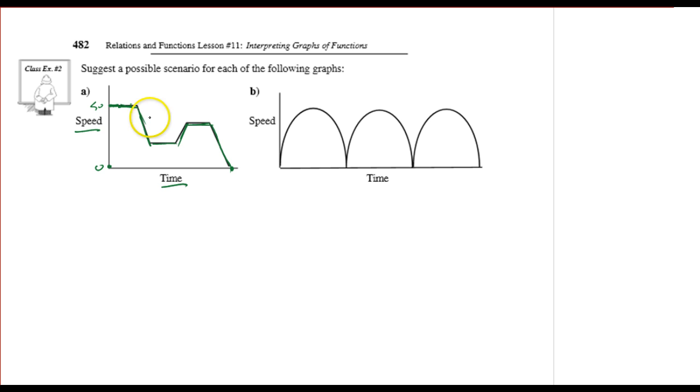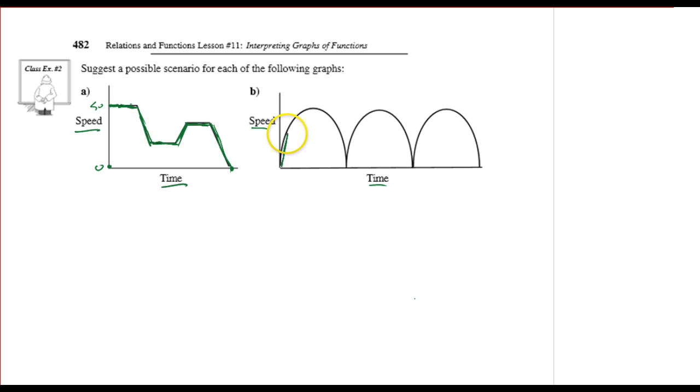So this could be you driving through a city, right? You're driving at a constant speed, you slow down a little bit, maybe there's traffic, then you keep driving at a slower speed, maybe the road opens up a little bit, you drive a little bit faster, you drive constant, and then maybe there's a red light and you slow down to a red light. This one's a little bit tougher, because this one you really accelerate.